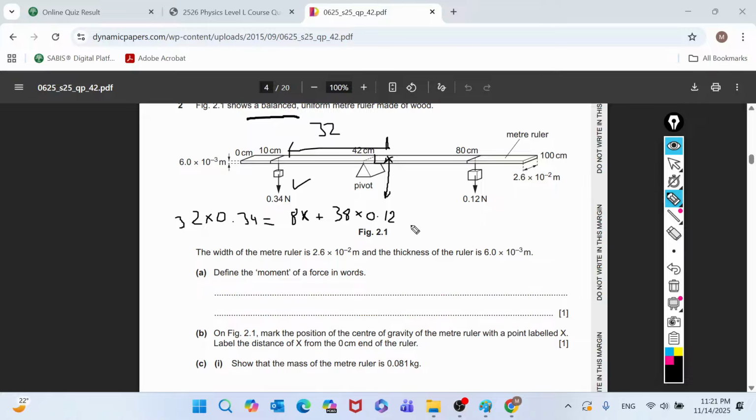Now guys, when you solve this, you're going to get that x equals 0.79 newtons.